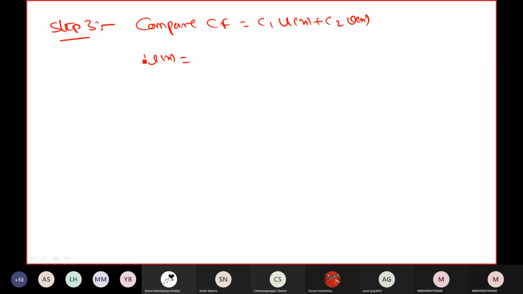What is V of x? Anyone? E power x, sir, U of x. Okay. Step 4. What is step 4?